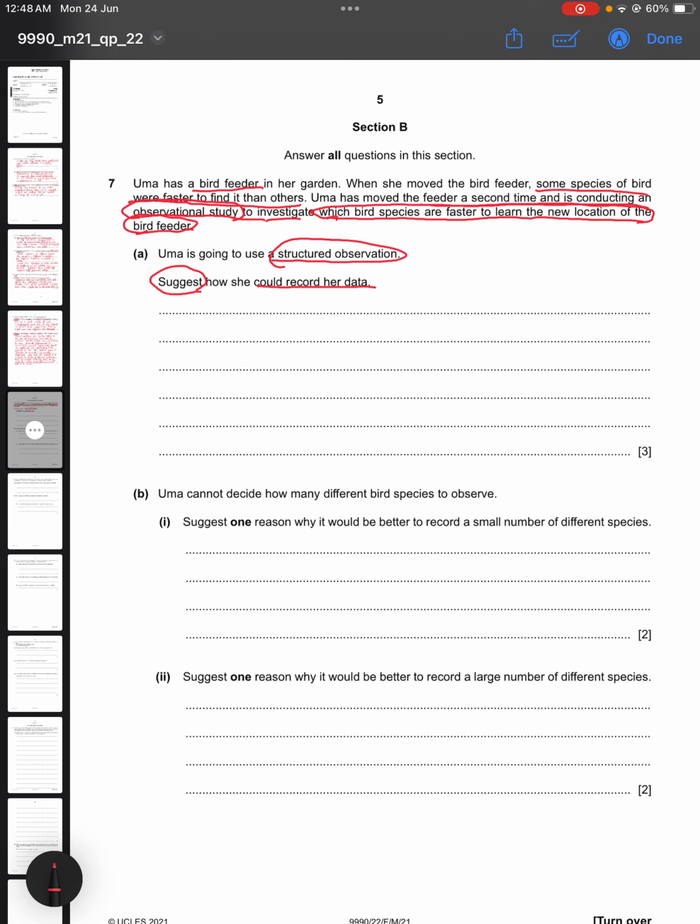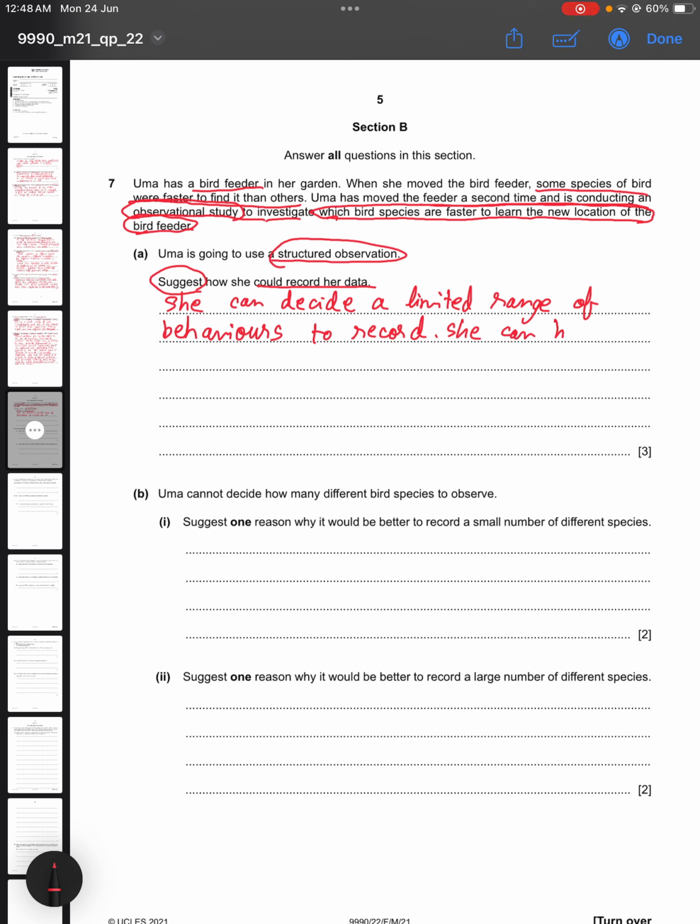You can write that, since it is a structured observation, she can decide a limited range of behaviors to record.